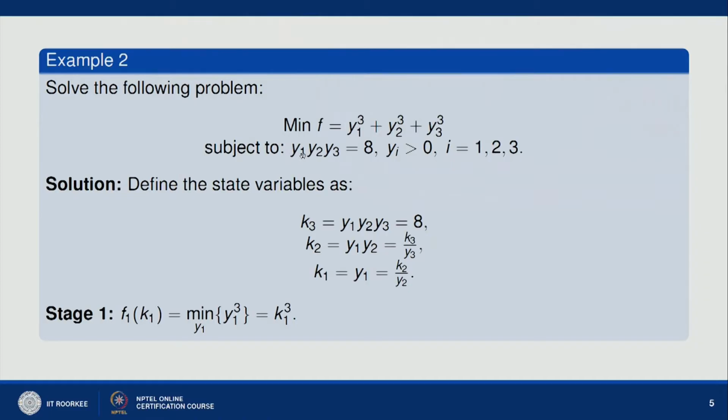K2 we take as y1 into y2, only these two variables, which from the first condition is k3 divided by y3. And k1 is only y1, which from the second condition is k2 upon y2. So, in this way we have defined the 3 state variables k3, k2 and k1.